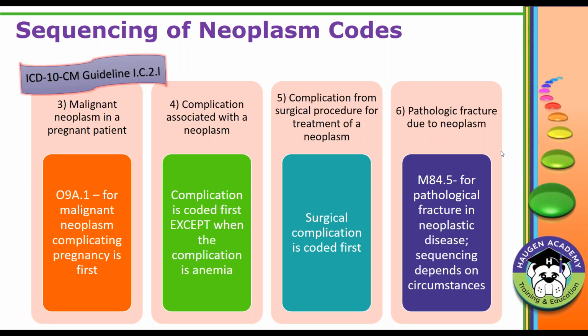When the encounter is for a fracture due to a neoplasm and the focus of the treatment is the fracture, the code from subcategory M84.5 is sequenced first, and then you follow that with a code for the neoplasm. If the focus of treatment is for the neoplasm and the patient just has an associated pathological fracture, then the neoplasm code is sequenced first, followed by the pathological fracture M84.5 code.